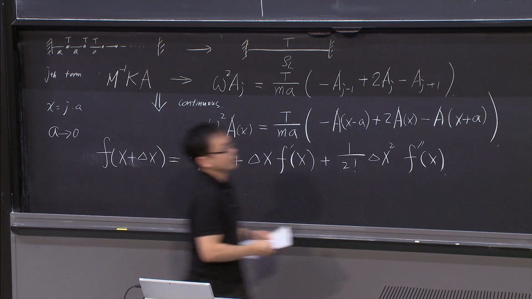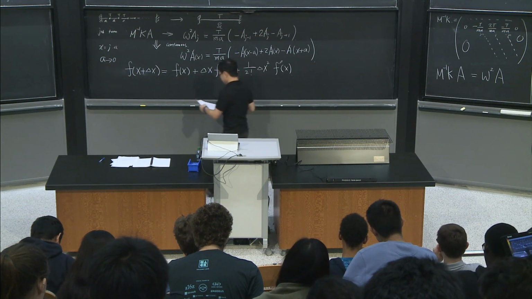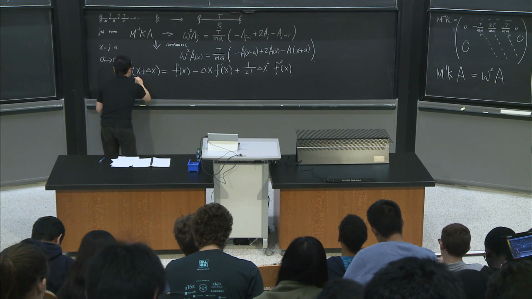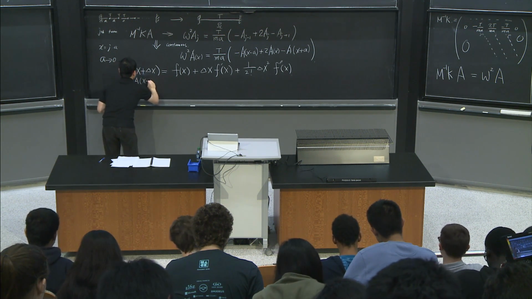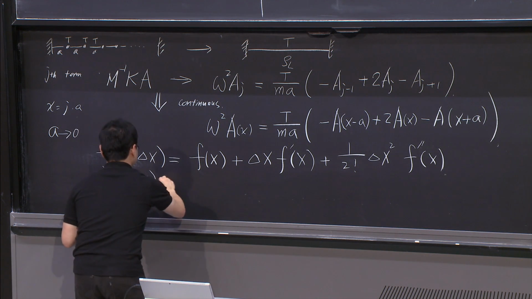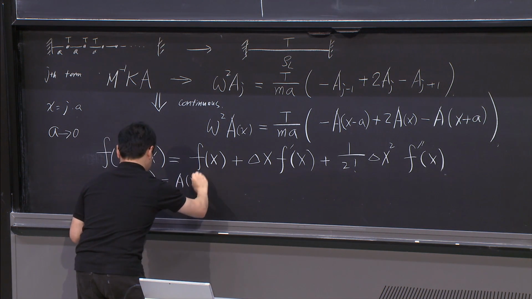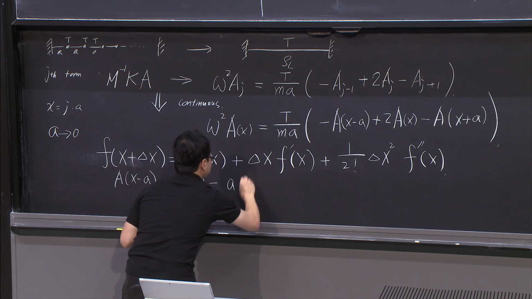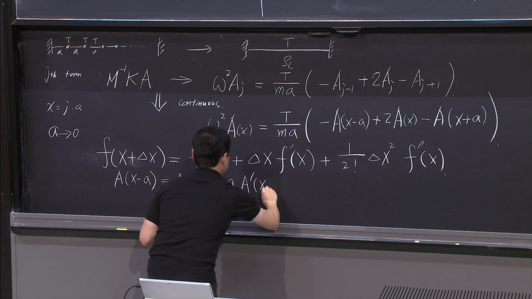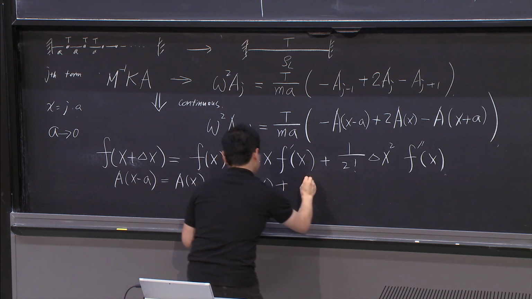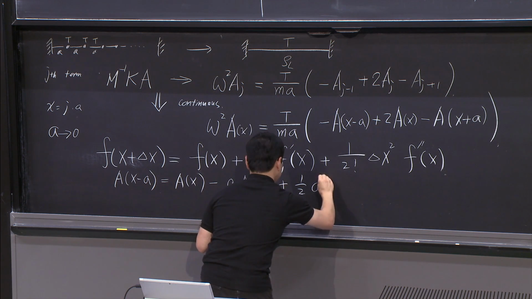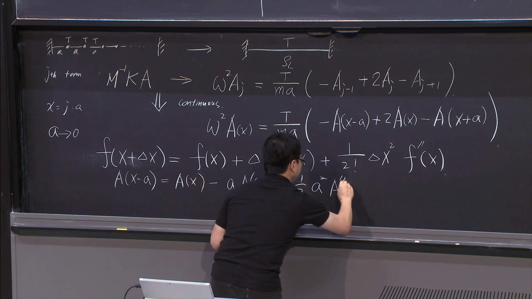A(x minus a) will become A(x) minus a A prime(x) plus 1 over 2 a squared A double prime(x).